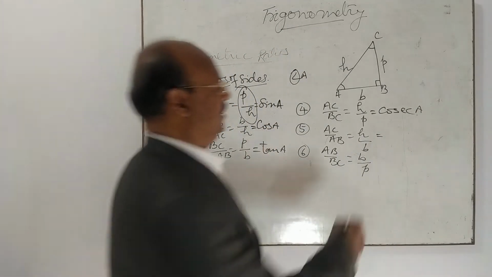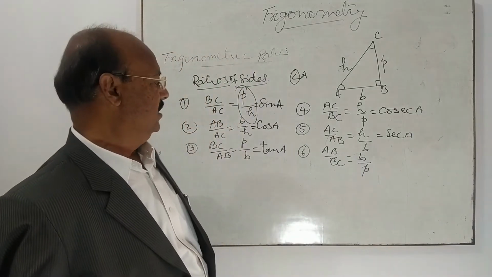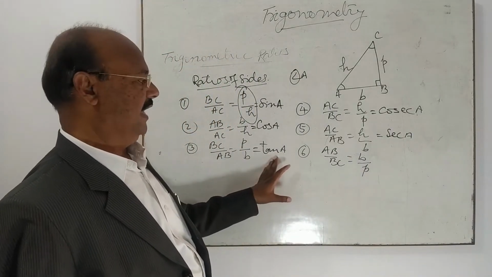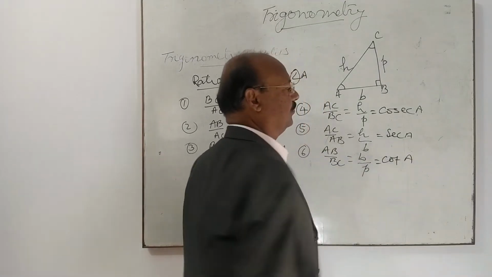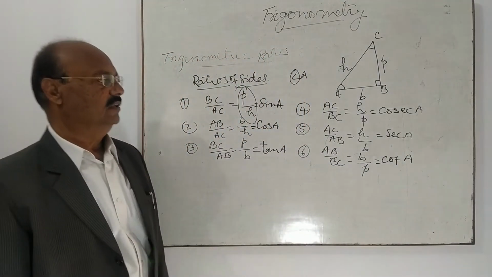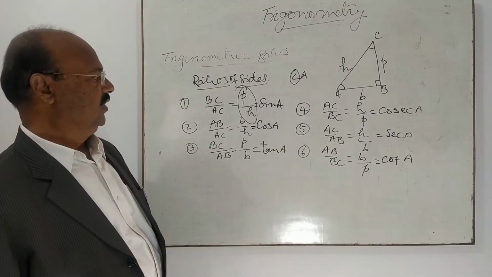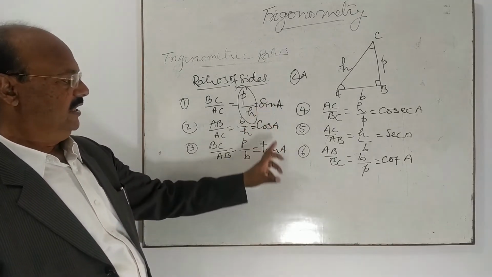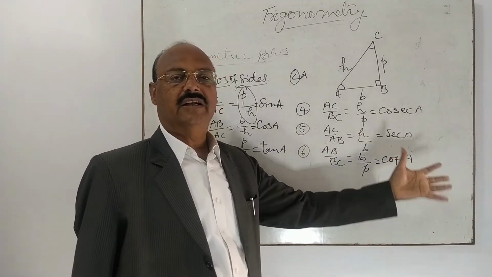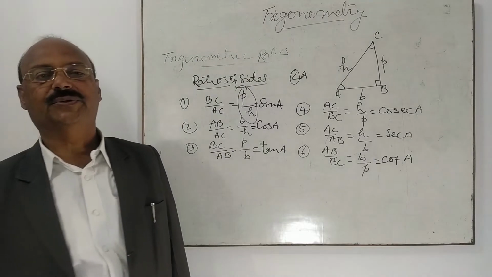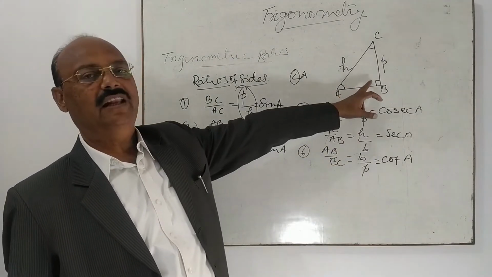The reciprocal of cos A is sec A. And the reciprocal of tan A is cot A. This is very simple to understand. It is very clear to you now. So sin A, cos A, tan A, cosec A, sec A, cot A, these are nothing but ratios of sides of a right angle triangle.